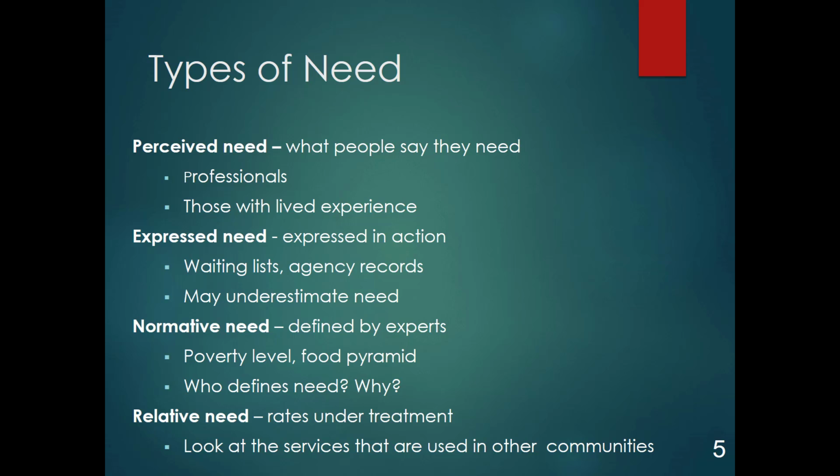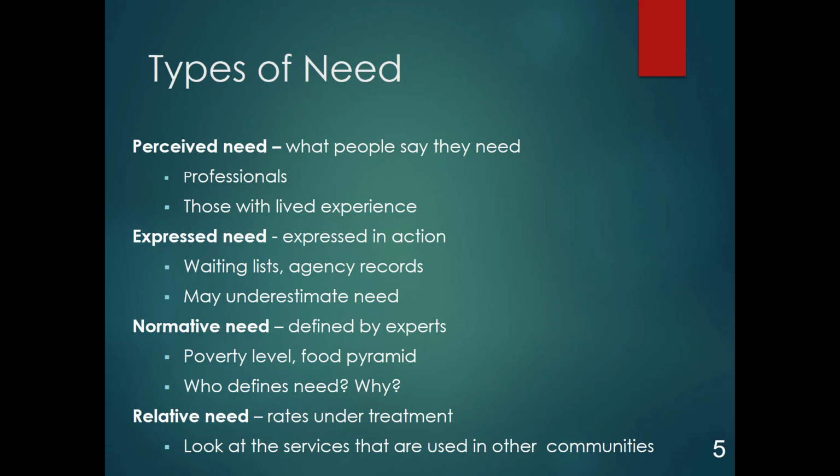Or census data information from other surveys and rates of people under treatment in other communities can also be used to show relative needs, and they may be an inexpensive way to conduct a needs assessment. However, we must be careful to justify that the compared groups are truly equivalent in important ways.